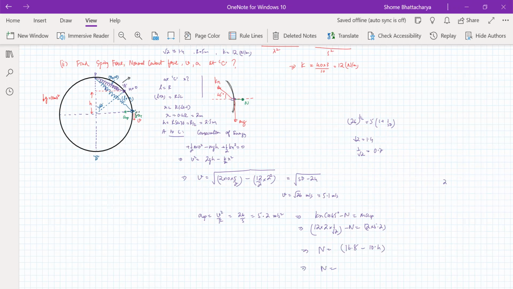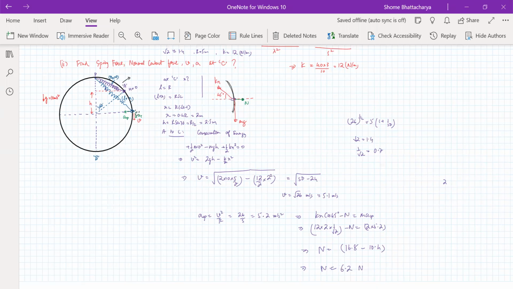It's positive, so it's outwards only. So the spring force is so much now that it's pulling the particle inwards against this. So anyway, this is coming out to be 6.4 newtons.